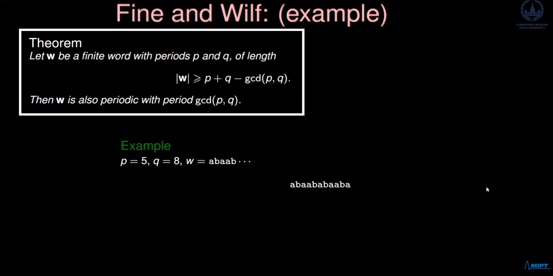Let's now apply the Fine and Wilf condition. First, we calculate the greatest common divisor, GCD of P and Q. The GCD of P and Q here, because 5 is prime, the GCD of 5 and 8 is 1 because they are relatively prime.